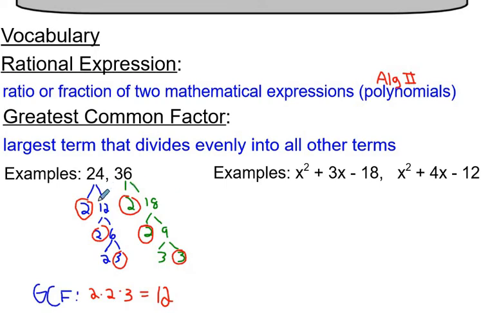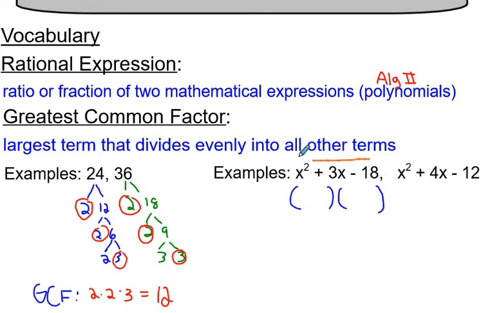This idea is extremely important when I look at a polynomial expression and try to find its greatest common factor. Because the greatest common factor, again, is going to come from the factorization of these two expressions, which for integers is a prime factor tree. But for an expression like this, it's the same old factoring that we've been doing for 2 or 3 units now.